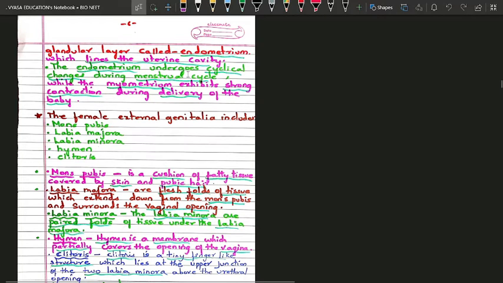And what about myometrium? During delivery it leads to strong contraction to expel the baby.